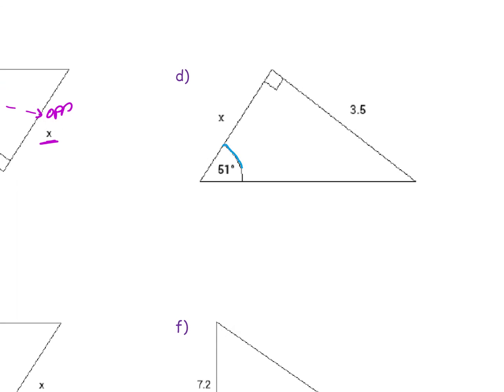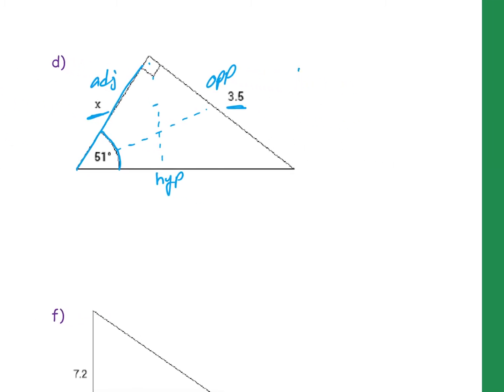And on D, here's my angle. Here's my hypotenuse. Here's the side opposite. And here's my adjacent. And I have the adjacent and the opposite, so tangent of 51 equals, now I'm looking at all the 6s and the 5s thinking I'm getting them wrong.